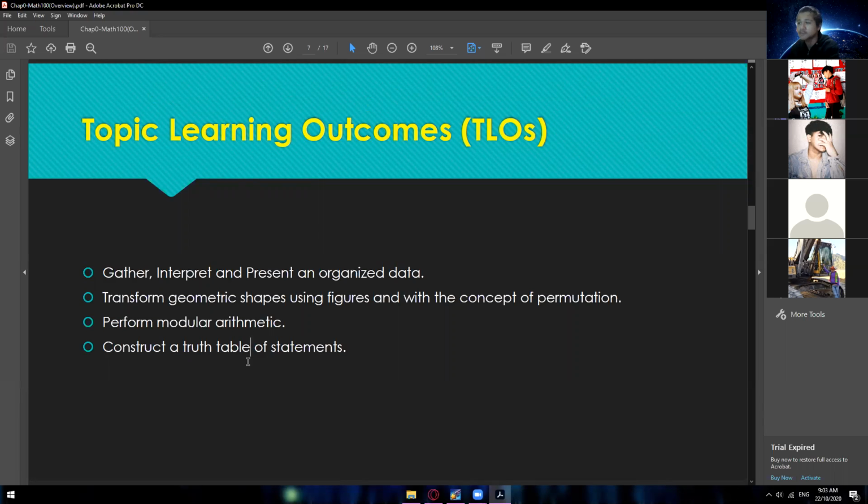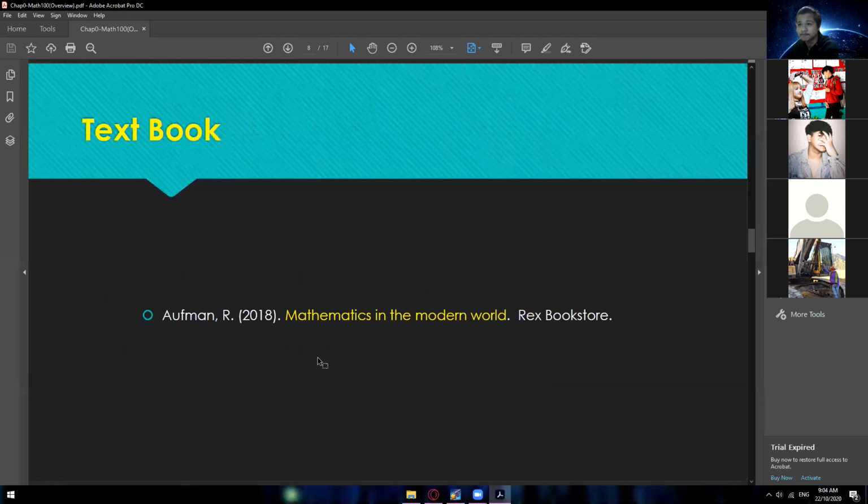So kung matapos natin to lahat agad-agad and then may natitira pang oras, maghahanap ako ng new topic or additional topic, okay, para madagdagan pa yung mga knowledge nyo about this one. Okay, kasi minsan kulang sa oras kasi sobrang daming subtopics din. Pero malay natin, baka mas mabilis tayo ngayon.